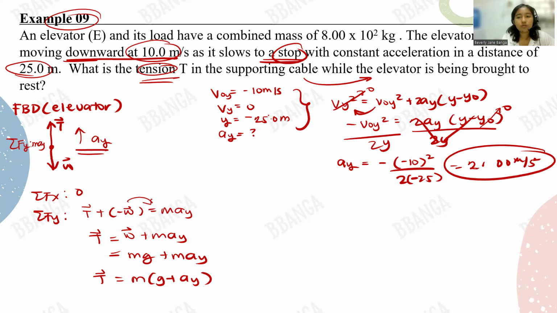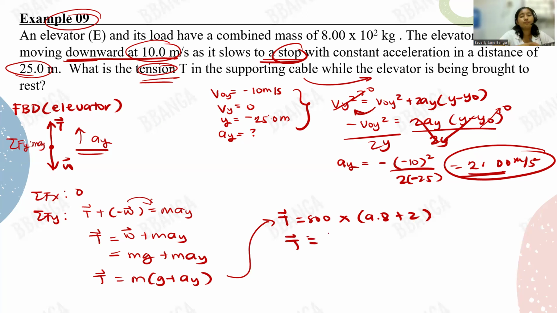Okay? So, ito yung parang checker nyo din kung tama ba yung direction ng AY ninyo. Kasi class, kapag mali ito, kunwari ginawa nyo siyang AY is negative kasi moving downwards, eh yung equation nyo magiging negative MAY, which is wrong, di ba? Mali siya. So, positive daw. So, alam na natin yung AY, so we can plug in 800 times 9.8 plus 2.